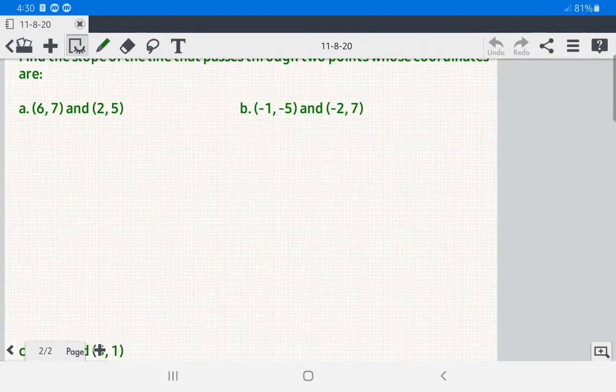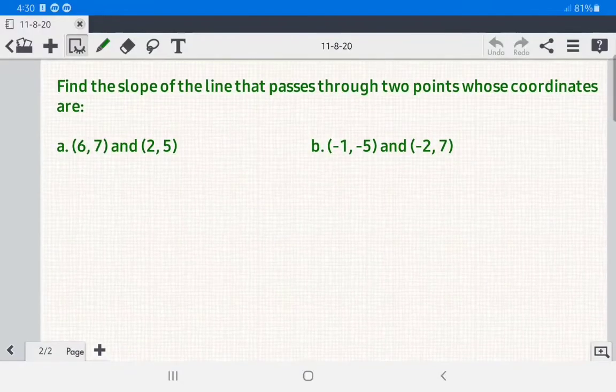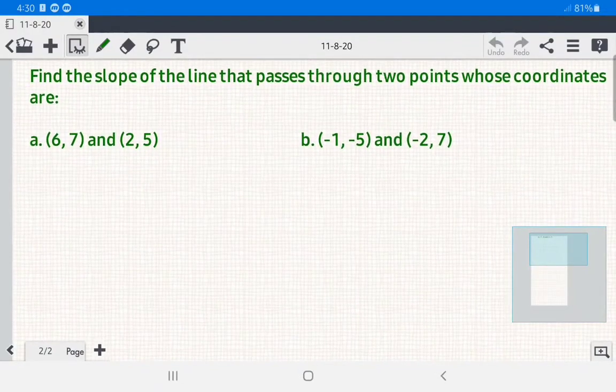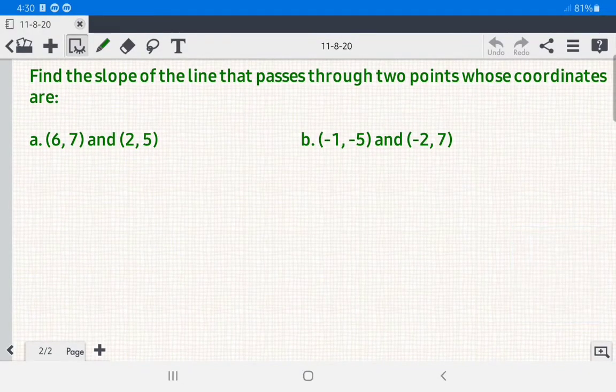Now for the second example, let us find the slope of the line that passes through the two points whose coordinates are 6, 7 and 2, 5.